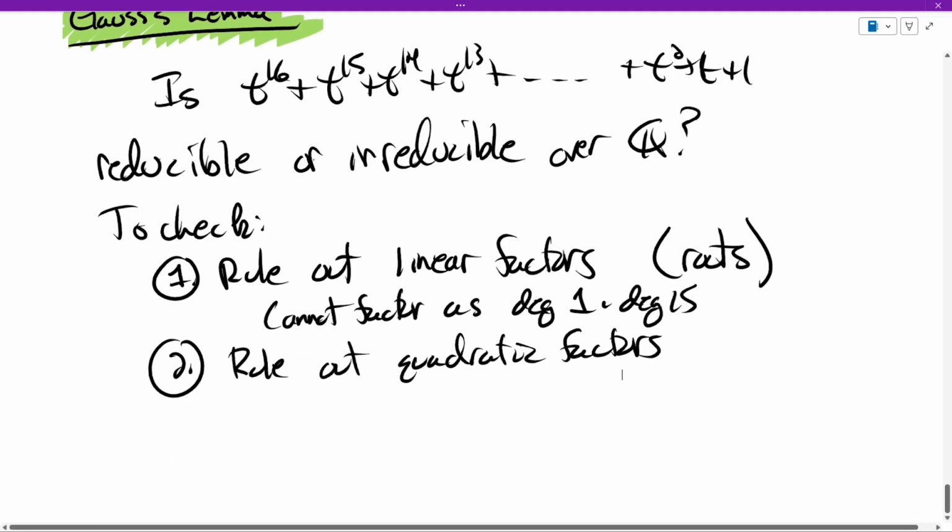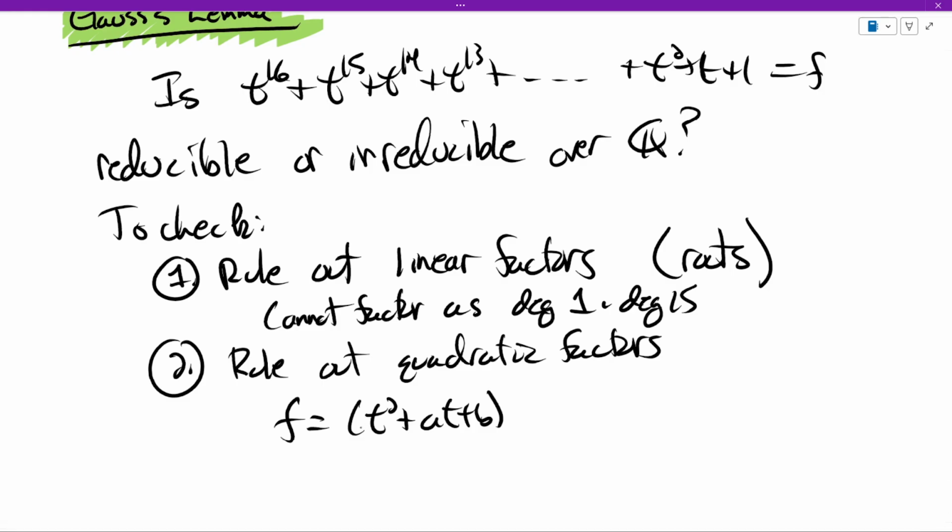Let's call this polynomial f. You would say f is a quadratic term, and we can assume it's monic, so the leading coefficient is 1, because our starting polynomial is monic, times a degree 14 polynomial. And we'd have to show there's no possible way of arranging the coefficients, and I'm not going to write the coefficients for the degree 14 one, so that we get something that works.